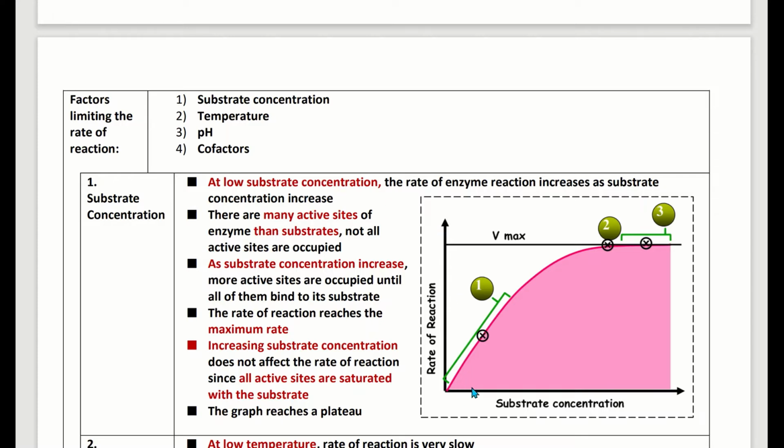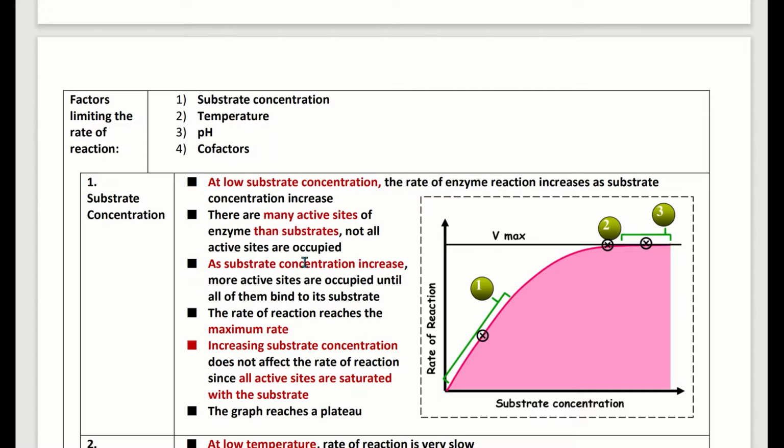Okay, bila sikit kita tambah substrate, rate of reaction pun akan makin meningkat. Lagi banyak bahan kita letak, rate of reaction makin meningkat. Kenapa? Sebab there are many active site of enzyme than substrate. Okay, ada banyak enzyme lebih daripada substrate. Okay, so bila lagi banyak enzyme dari substrate, rate of reaction tu boleh makin meningkat.